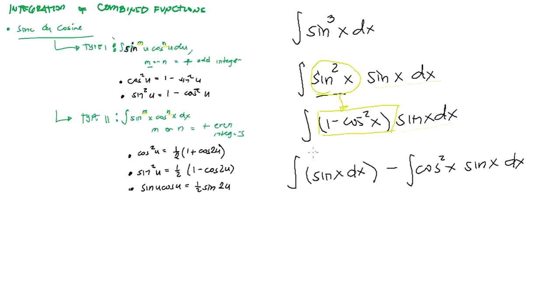Okay, then we can now proceed to the integration. For this one, we can now simply integrate this because we have the integral of this trigonometric function. The integral of sine x dx is just negative cosine x plus c. Then let us further integrate this.